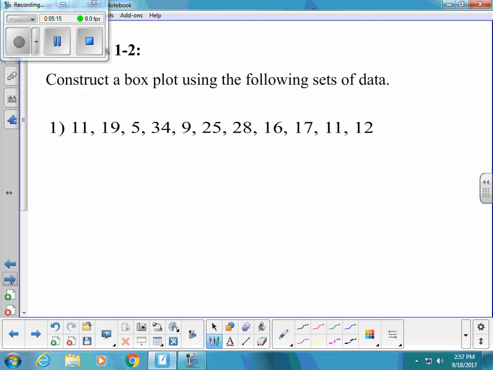So the first thing was to put the numbers in order. So let's see, 5's our smallest.